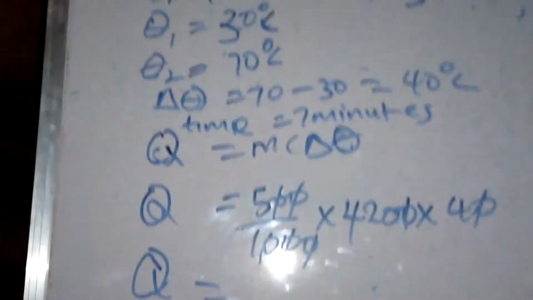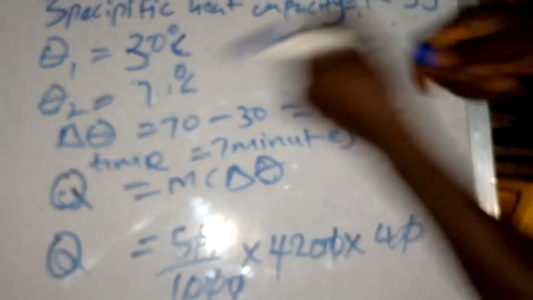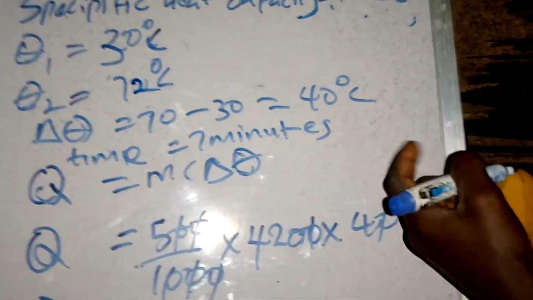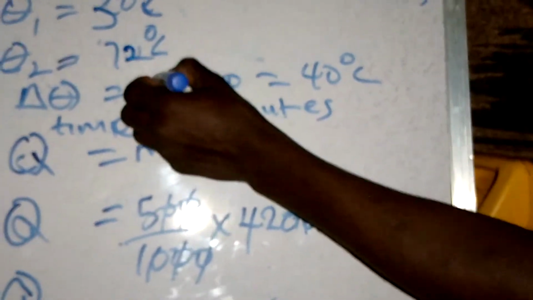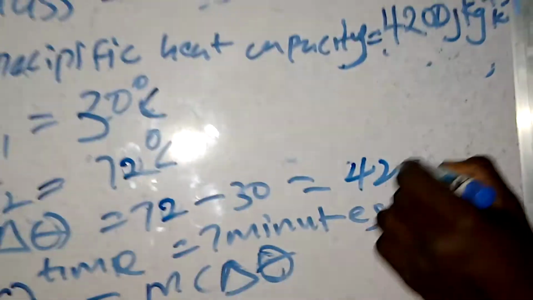I'm so sorry, you guys. There was a mistake in the question. When you look at it critically, the temperature is 72 degrees Celsius, so we just need to change this: 72 minus 30 gives us 42 degrees Celsius.